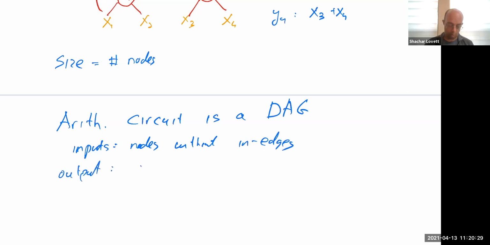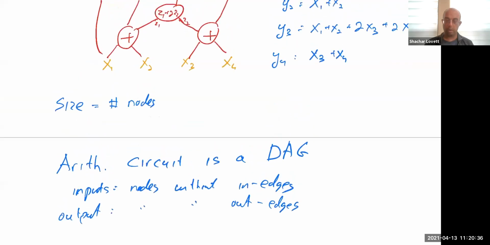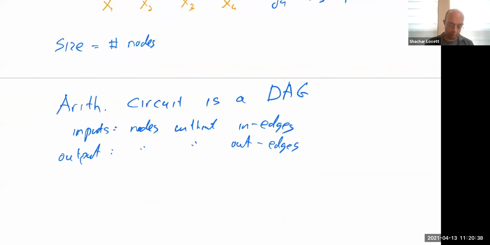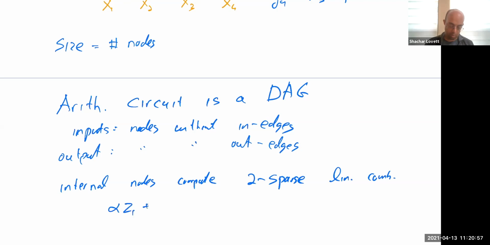The outputs are nodes without out edges, like y1, y2, y3, y4 here. And all the internal nodes compute some, let's call it 2-sparse linear combination. So they compute something like alpha z1 plus beta z2 for some alpha and beta in the field.